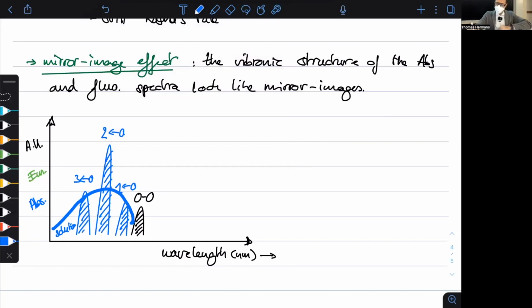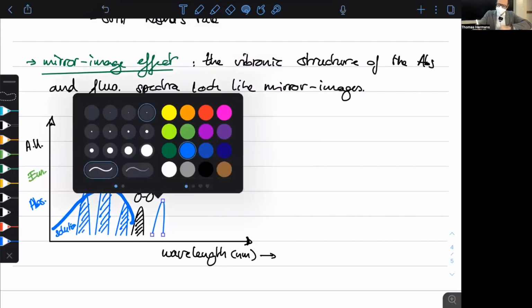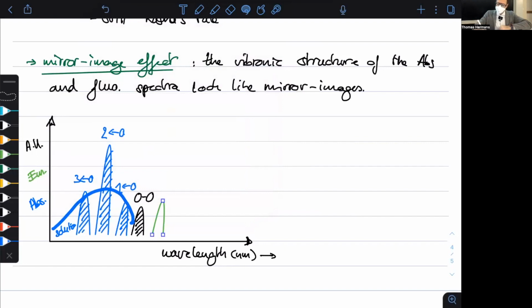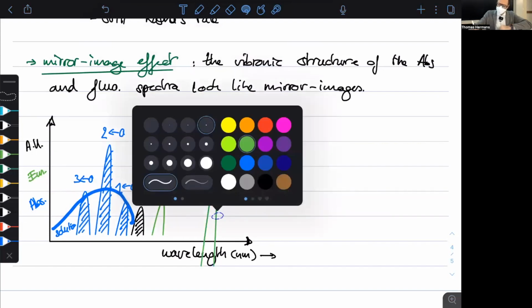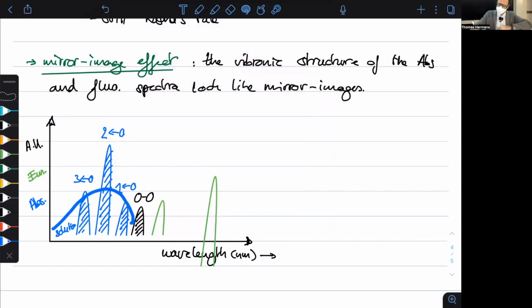The cool thing, I will try to copy this and paste, that's a nice thing about this iPad, is that these progressions are mirrored. So copy, paste, green.